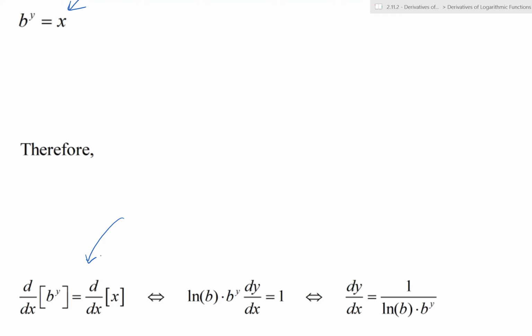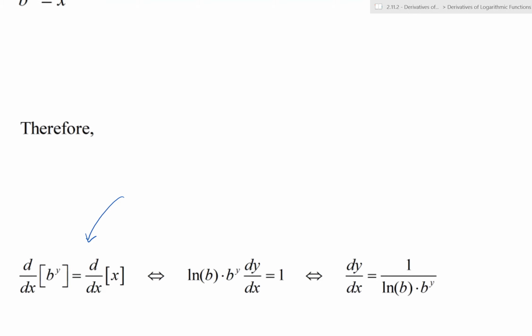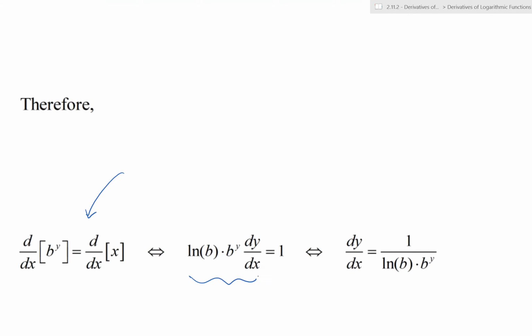Remember, y is a function of x, so by implicit differentiation, when I differentiate b to the y with respect to x, I'm going to get the derivative of y with respect to x, that's like our inner function, and the base to the y power we have to differentiate as well, giving us the natural log of b times b to the y times dy/dx is equal to 1, because the derivative of x with respect to x is just 1.